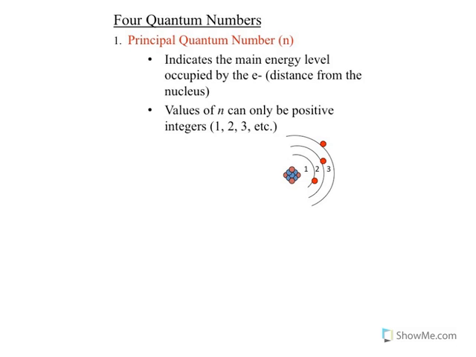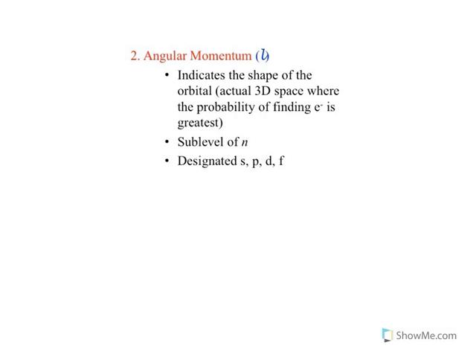Now, things get a little interesting when we look at elements in the transition and inner transition metals, which we've seen in class. But for the most part, when we look at the main group elements, the principal quantum number indicates the row, or the period, that that particular element is in.